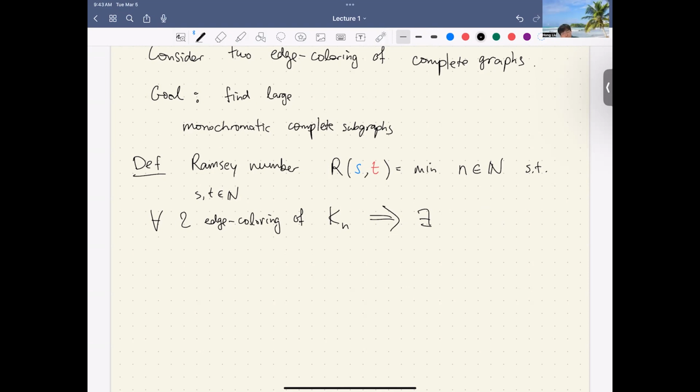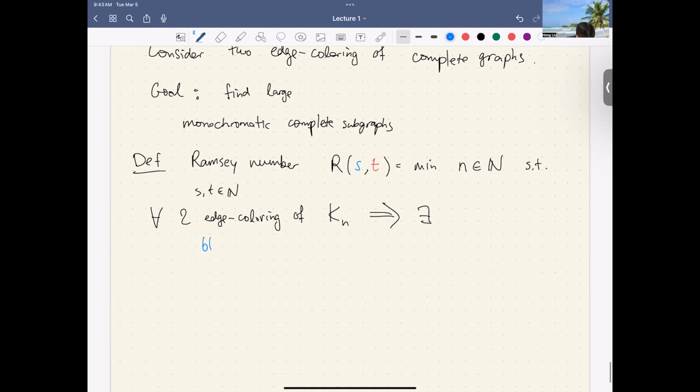So this is the minimum natural number n, such that for any 2-coloring, let's say blue and red coloring of edges of Kn, no matter which one you take, we can always find either a blue Ks or a red Kt. A blue Ks just means s vertices, all the edges on these s vertices are blue. Okay, so this is the definition.